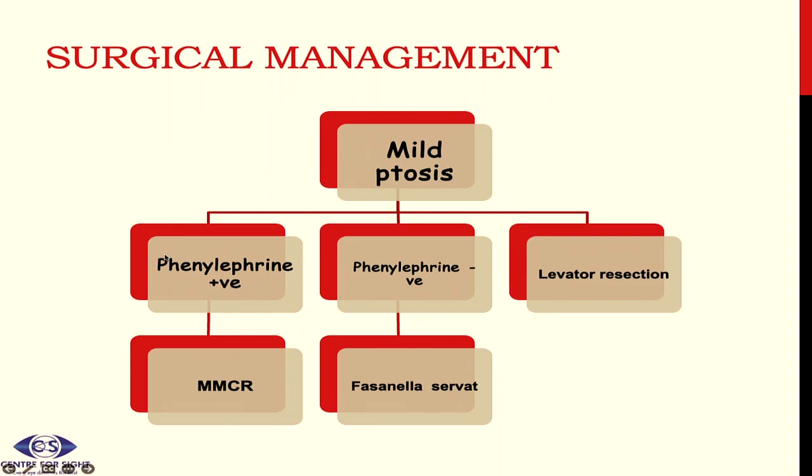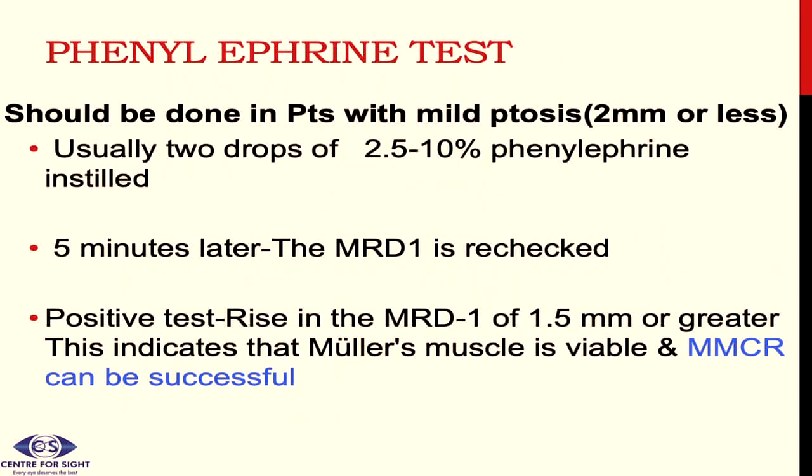If the phenylephrine test is positive, it means Muller's muscle is functional, then any surgery on Muller's muscle would be successful, and we aim to do MMCR in these cases. If the phenylephrine test is negative, we can still do posterior approach surgery in the form of Fasanella-Servat surgery, which is primarily a tarsoconjunctival resection. Levator resection is hardly done in mild ptosis.